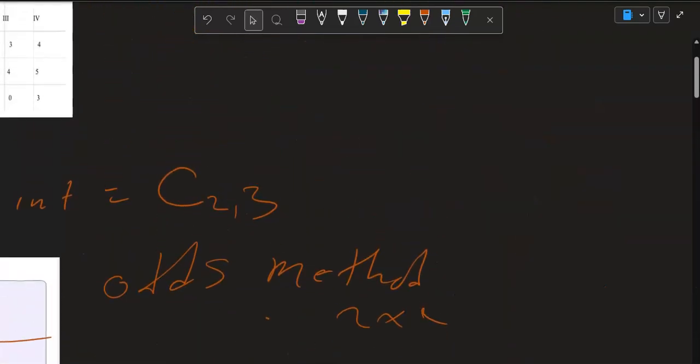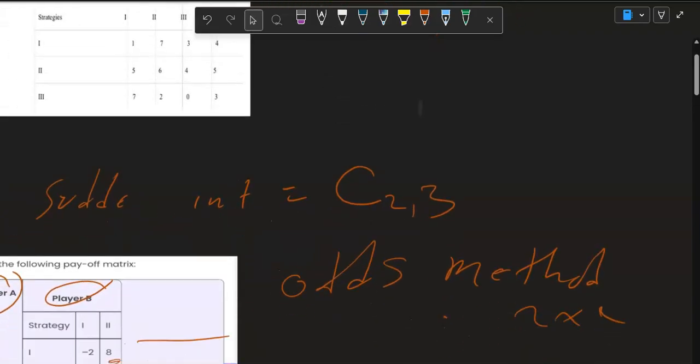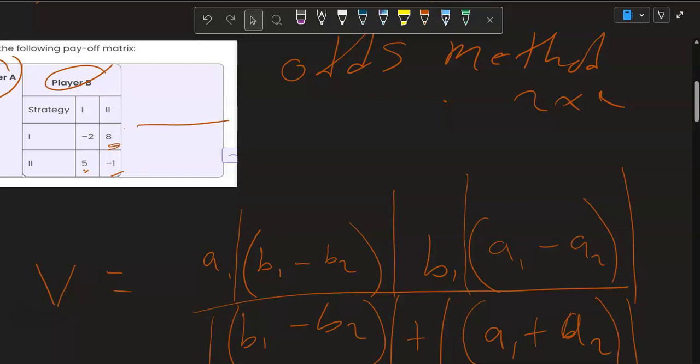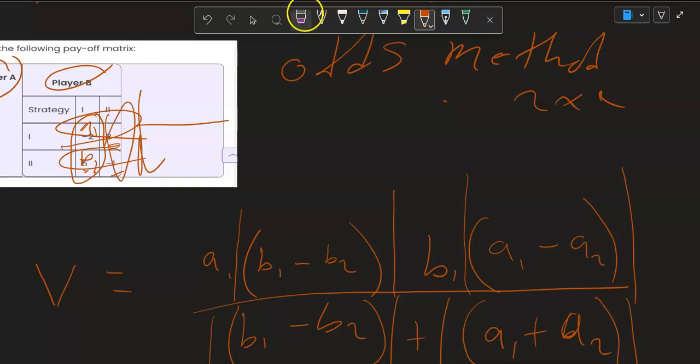Because in our question, strategy B is on the column side. So we are going the column way. This was our A1, this was our B1. So you are looking column-wise, vertically, not horizontally. The other time we were going this way, but now it is because of the strategies of this guy.